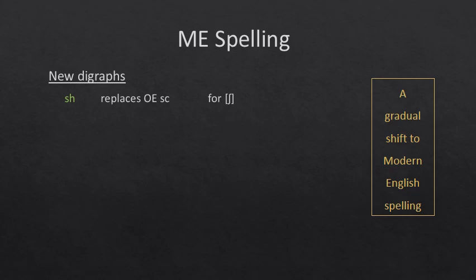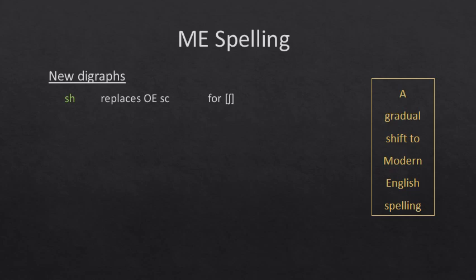So really, this is a transitional period. Middle English is a transitional period in which the grammar of Old English is going away, in which the spelling rules of Old English are going away, and all of that is being turned into what you're familiar with.